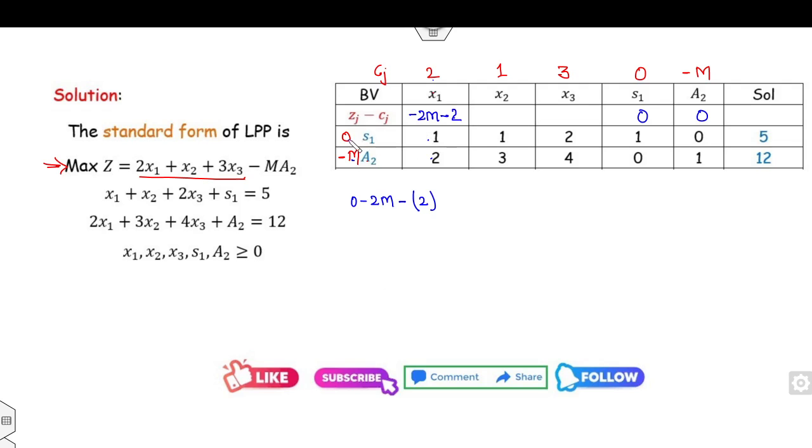Similarly, for the second case, 0 minus 3M minus 1. And the third case is 0 minus 4M minus 3. For the last case, 0, it is minus 12M here. So you can see these are the results.